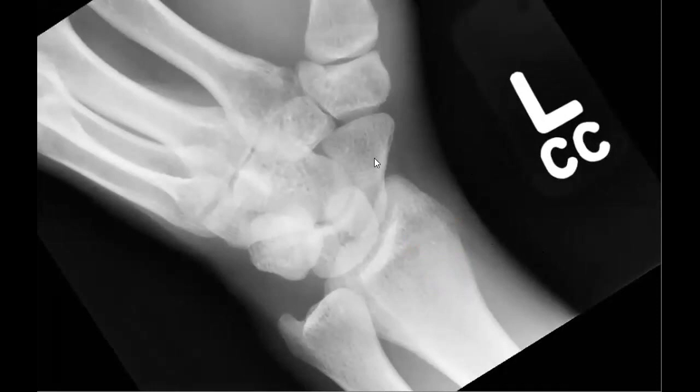So try to remember the scaphoid, lunate. What is this bone?